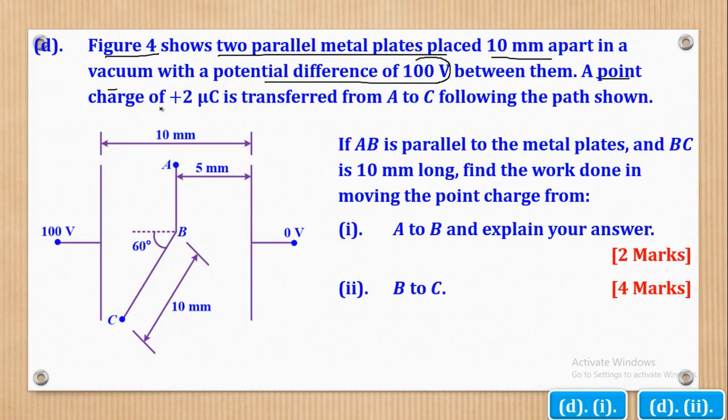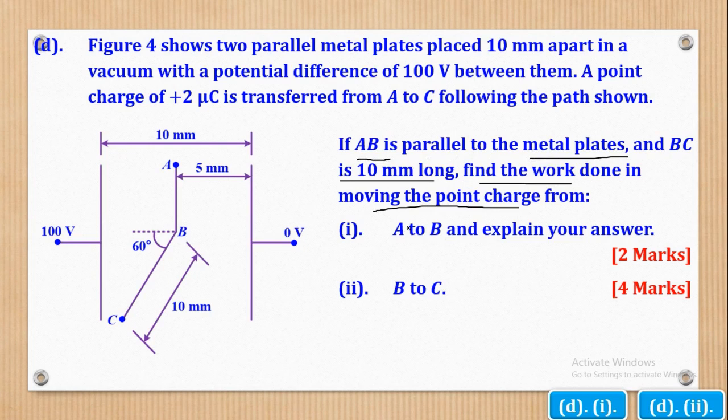A point charge of positive 2 microcoulomb is transferred from A to C following the path shown, so from here to here, then from here to here. If AB is parallel to the metal plates and BC is 10 millimeters long, find the work done in moving the point charge, 1, from A to B and explain your answer, then 2, from B to C.